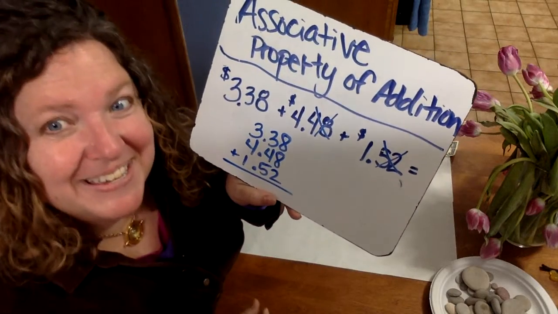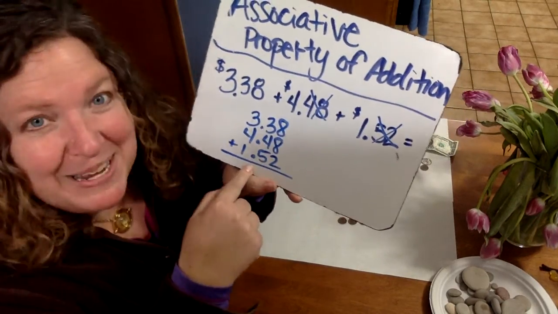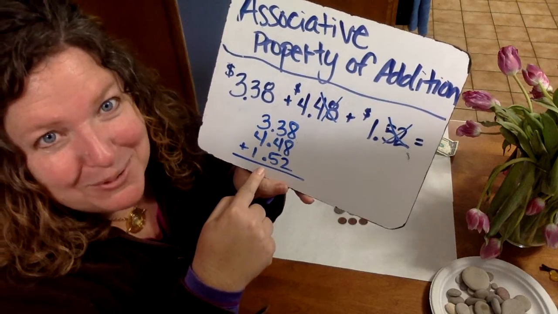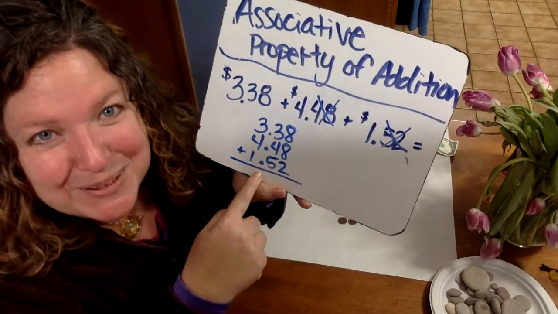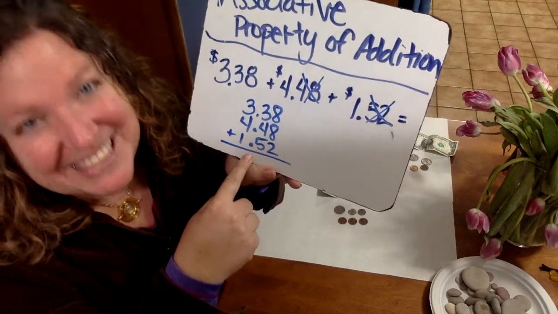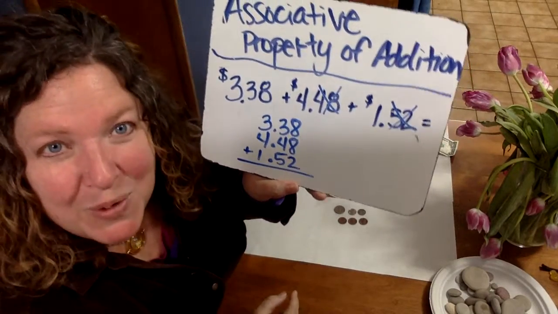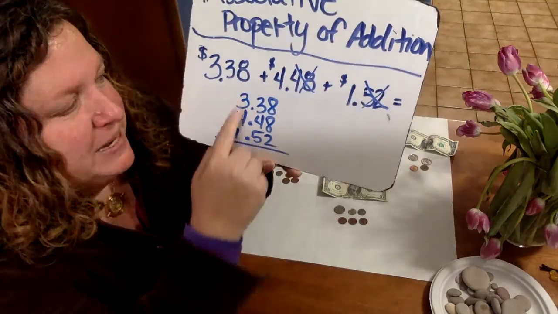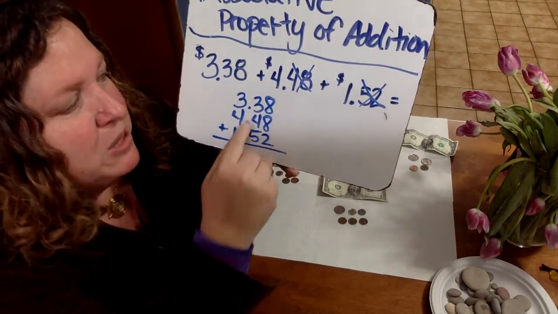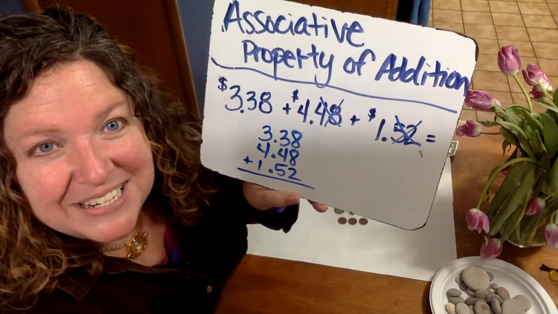Now, you might be thinking, wait a minute, that's not how my teacher told me to add decimals. My teacher told me to always, always line it up, bring it down. And I hope you sang that song with me, and thank you for doing that. You're right, your teacher did teach you that one strategy is to make sure that the decimal places are lined up, to make sure all the ones places are lined up, all the tenths are lined up, all the hundredths are lined up, and that's a really great strategy.